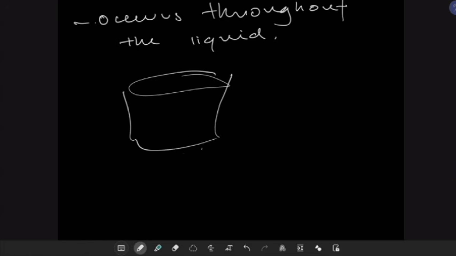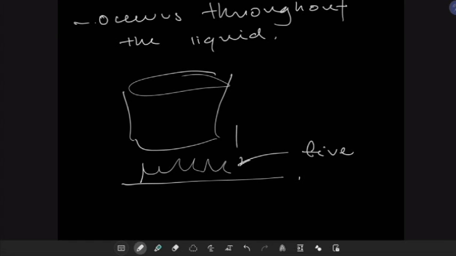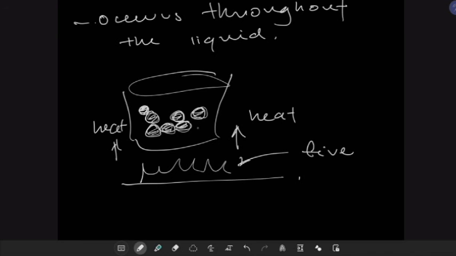So let's say you heat a cup of water on a stove. Let's say this is fire, and heat is going up. Right? So the particles that are closer to the heat will gain more energy first. These will gain more energy first and rise to the surface where it will boil.